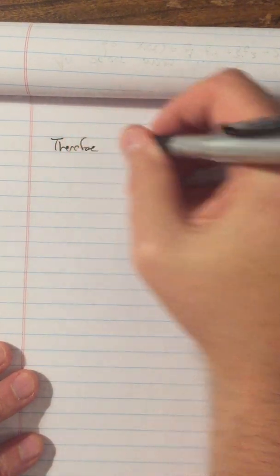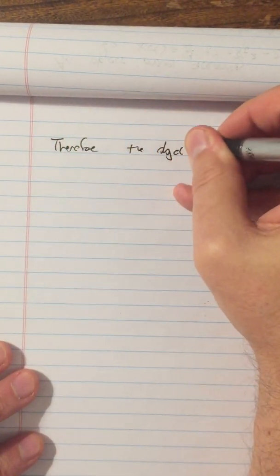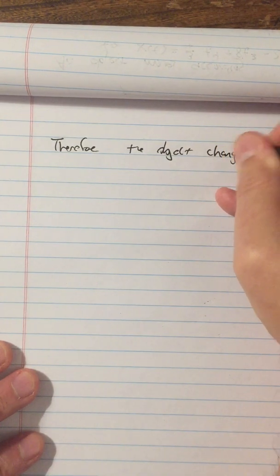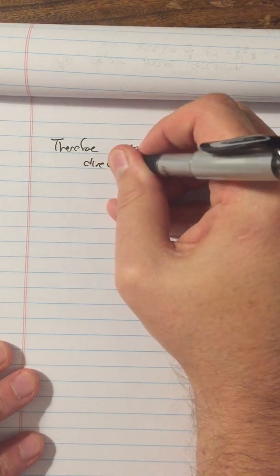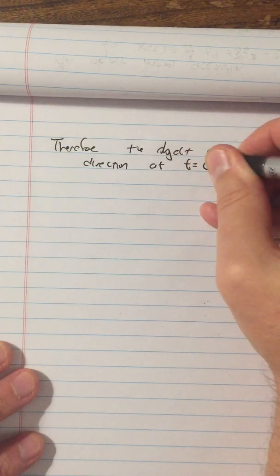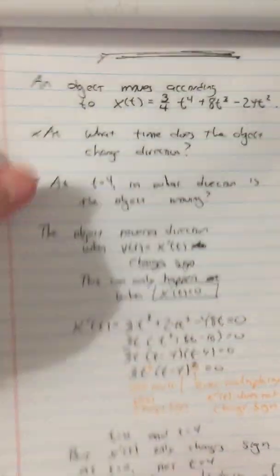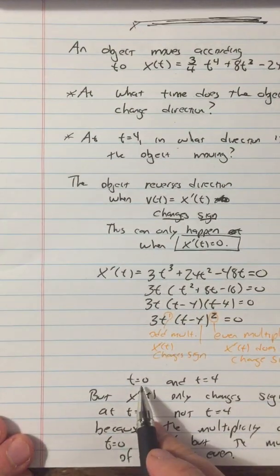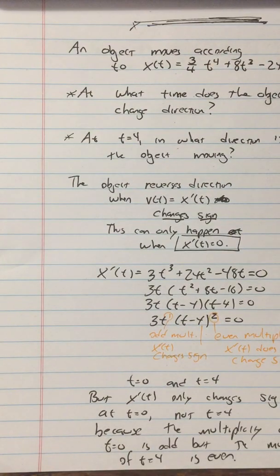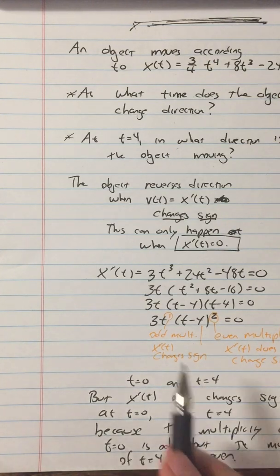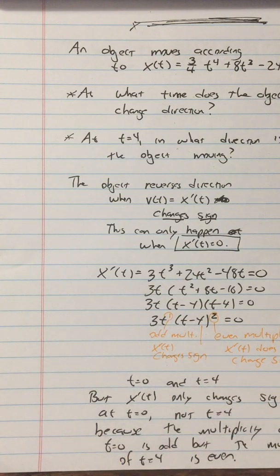Therefore, the object changes direction at t equals 0 and not t equals 4. So even though the velocity was 0 twice, at t equals 0 and t equals 4, the direction change only occurs at t equals 0, because only t equals 0 has an odd multiplicity; t equals 4 has an even multiplicity.